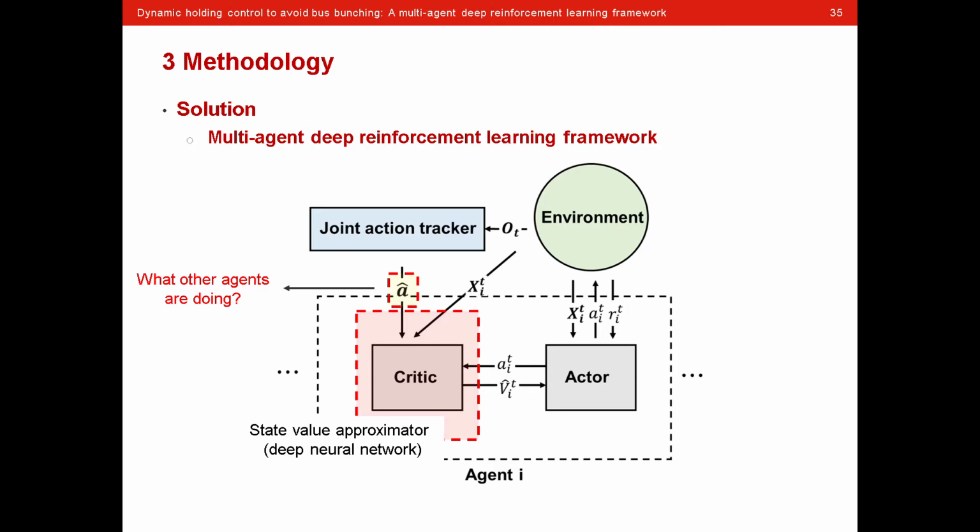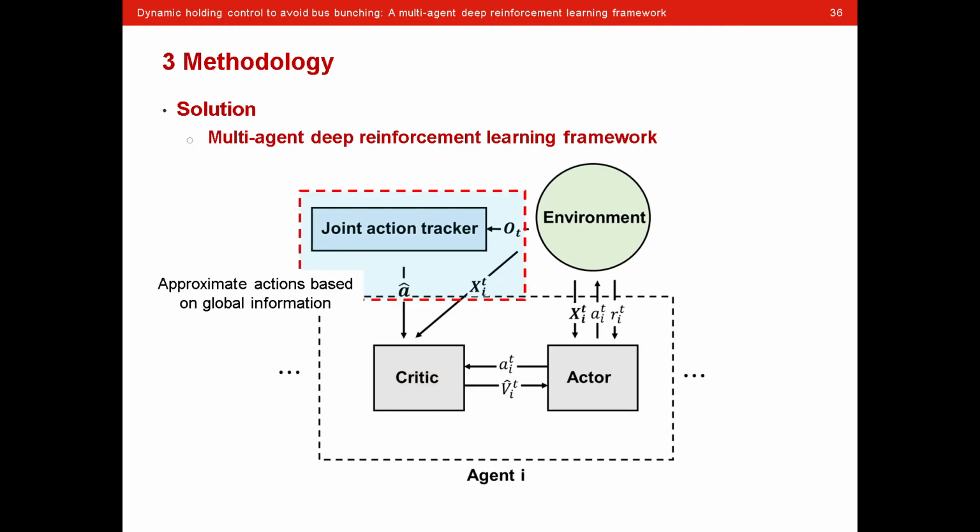So we have to estimate the actions of each agent, and we use a joint action tracker to approximate actions based on global information, so the agent can predict actions of other agents. So we have estimated actions from other agents. In this way, we have imagined actions of others that give a more detailed input.